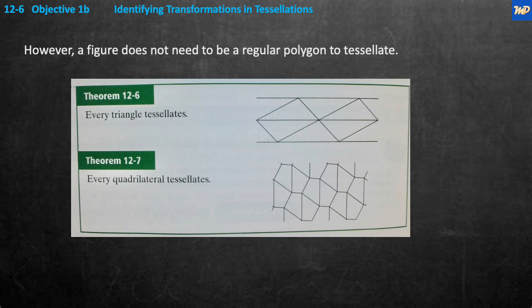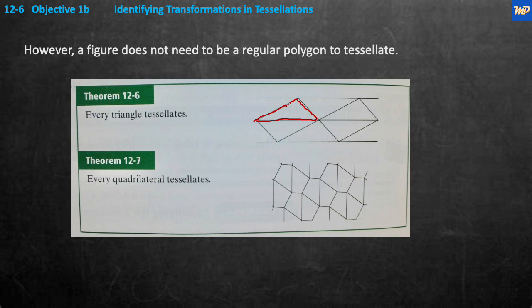Theorem 12.6 says every triangle tessellates, and you can see it. So here's our triangle, it looks like a right triangle of some type, maybe it's not quite a right triangle. But here's our triangle, right? And you can see that it tessellates.